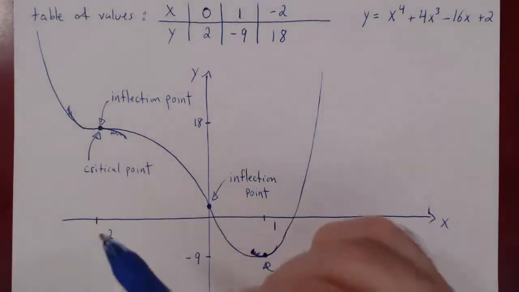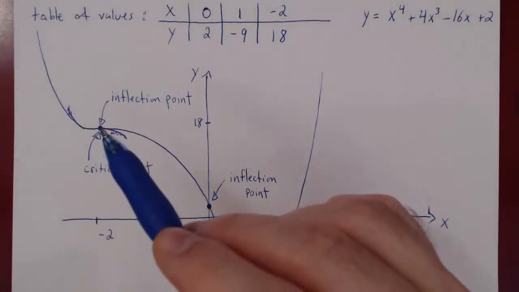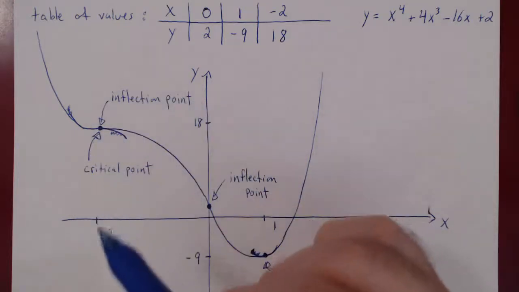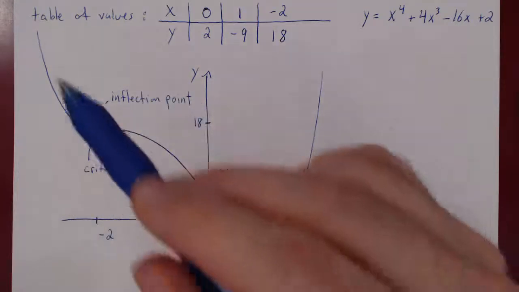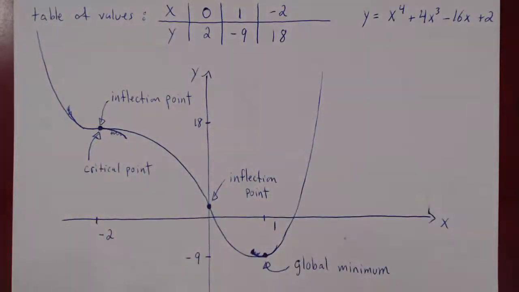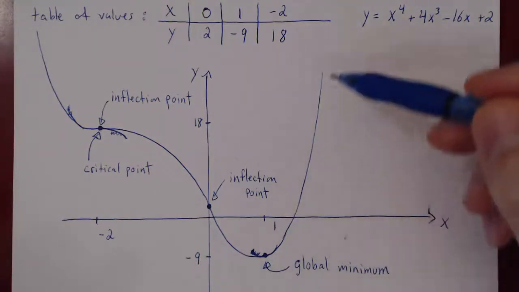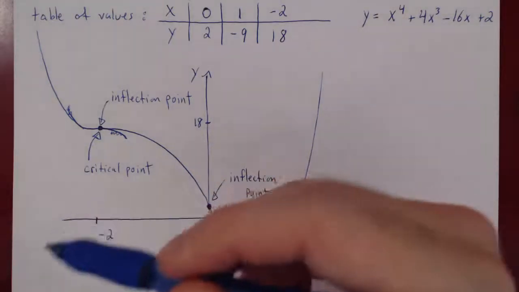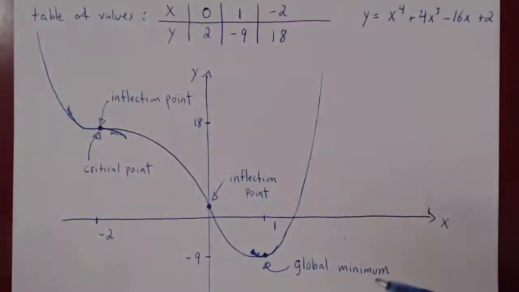We have a critical point at -2, where the derivative is 0, so the curve is flat at this point. And we also have at -2 an inflection point because the curve went from concave up to concave down. And as x goes to positive infinity, y shoots up to positive infinity. And as x goes to negative infinity, y also shoots up to positive infinity.